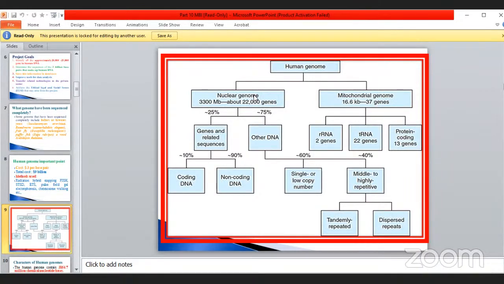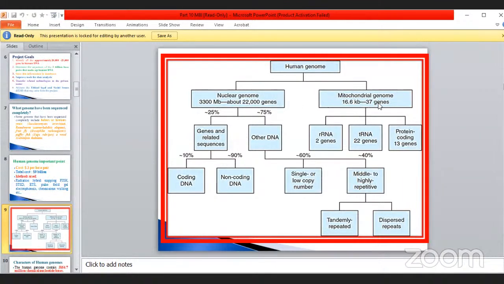The nuclear genome consists of 3,300 megabases, with about 22,000 genes. The mitochondrial genome consists of 16.6 kilobases, with 37 genes only. 37. See here, 3,300 Mb with 22,000 genes.